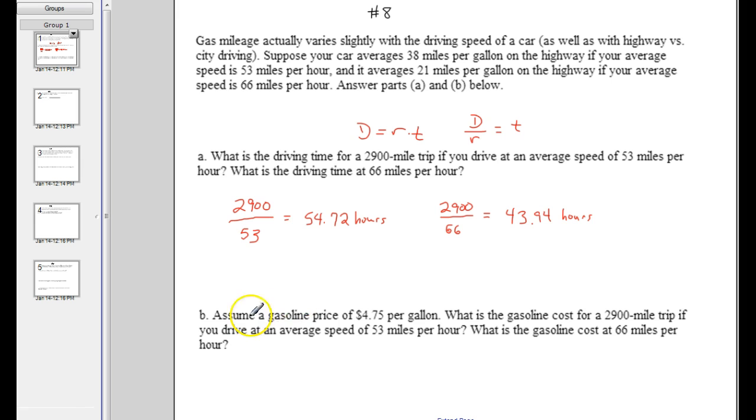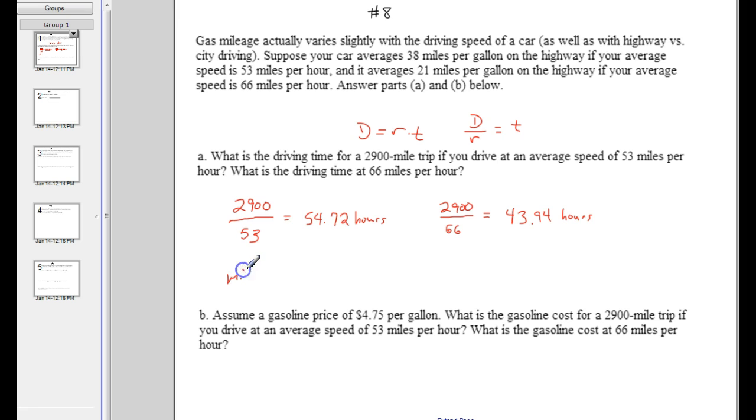Part B. If the price of gasoline is this amount, we want to know the cost of averaging 53 miles an hour versus 66 miles an hour. So how much do we pay to save 11 hours of drive time? Right here, we took miles and divided by miles per hour, and we ended up with hours.